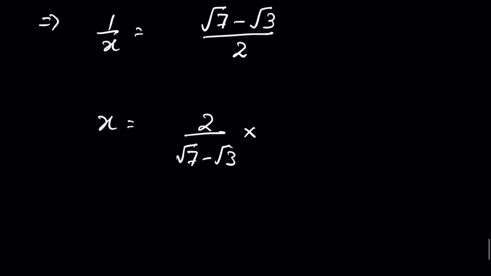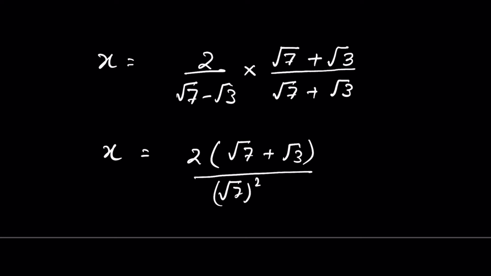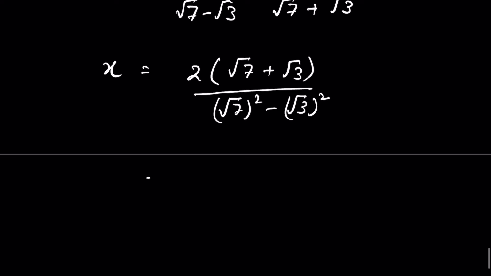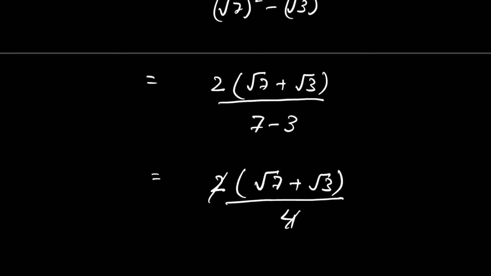Again, let's rationalize the denominator. So multiply and divide it by the conjugate of square root of 7 minus square root of 3, that will be square root of 7 plus square root of 3, or x is equal to 2 times square root of 7 plus square root of 3 upon square root of 7 square minus square root of 3 square, or 2 times square root of 7 plus square root of 3 upon 7 minus 3, which is 4, and 2 times 2 is 4.